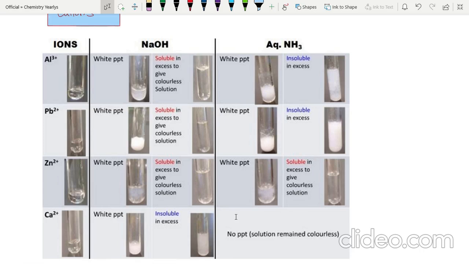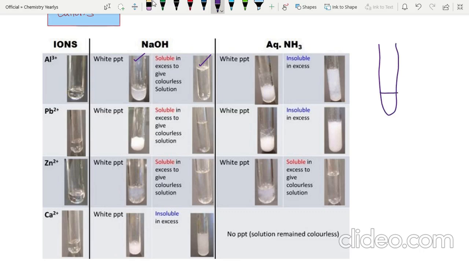So they are colorless. When we add NaOH to aluminium, it will show up as white precipitate, like you can see in this one. Let me just mark it. You can see in this one it is forming a white precipitate. But when we add a little bit of excess NaOH, it will dissolve like this. Now some of you are confused about what excess and a few drops mean. Excess means, for example, in this test tube I have taken this much of solution.